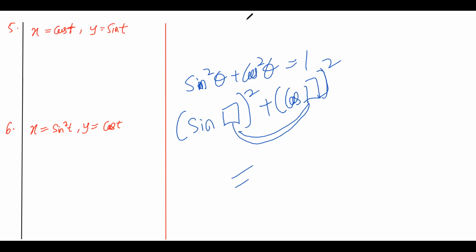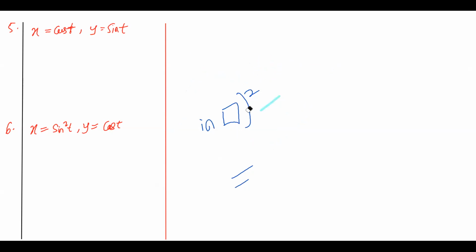You get 1. So it's a trig identity. We'll talk about that in our trigonometric topics, which is the next topic. Of course, you can add the equation. So that's what I was getting into. You can add the equation.